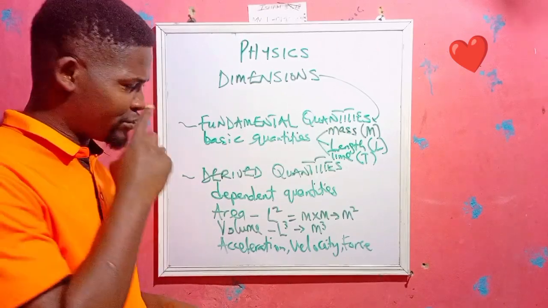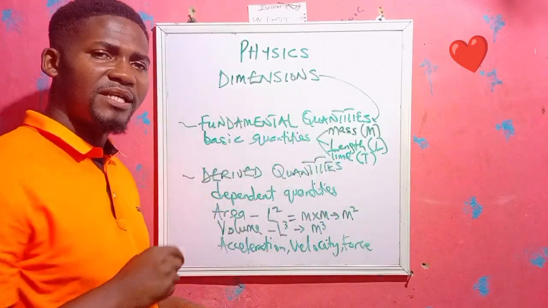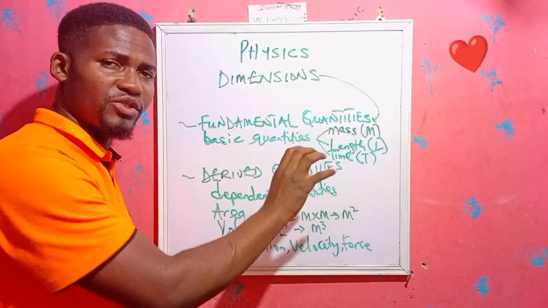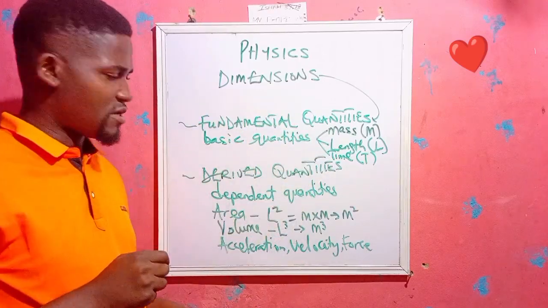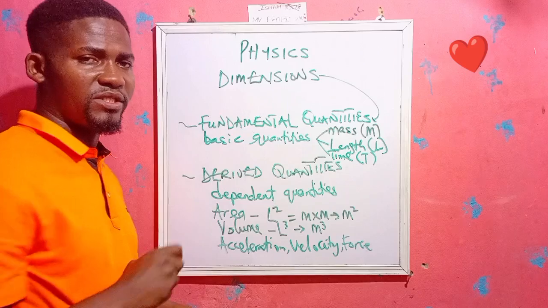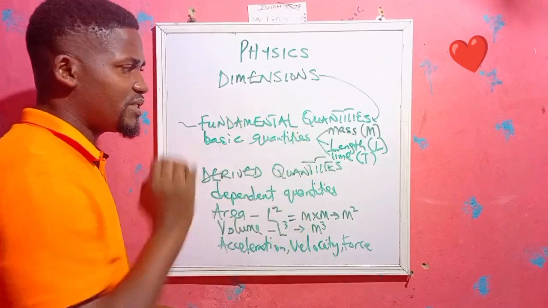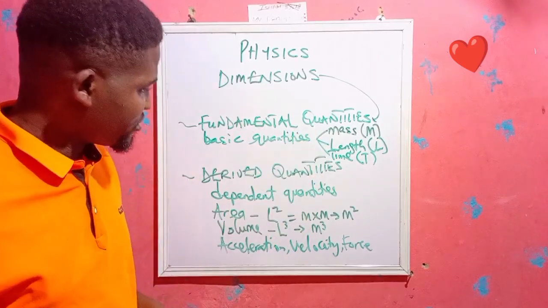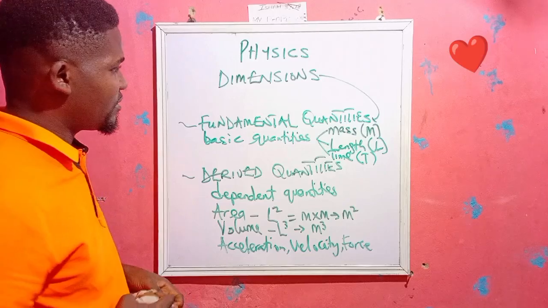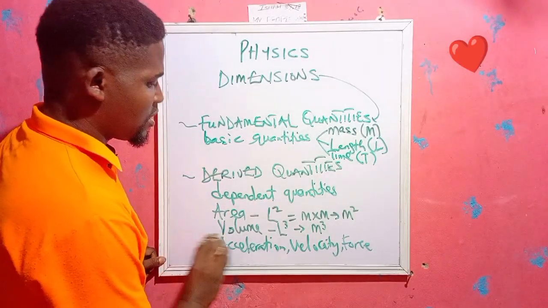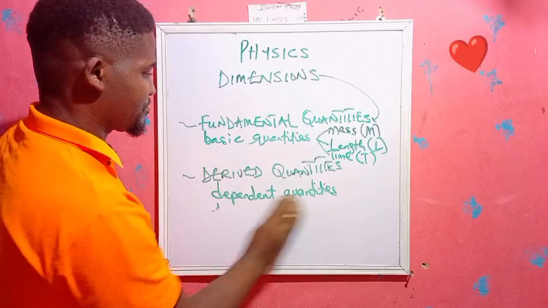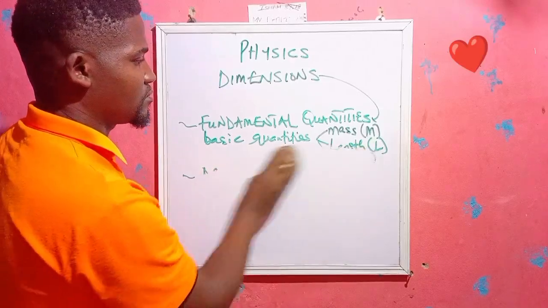Now we'll try to use these dimensions, which we got from fundamental quantities, to describe derived quantities. We'll basically be using the MLT. I would like to wrap up what we have here. I hope you're paying attention. So let's go properly into dimensions.